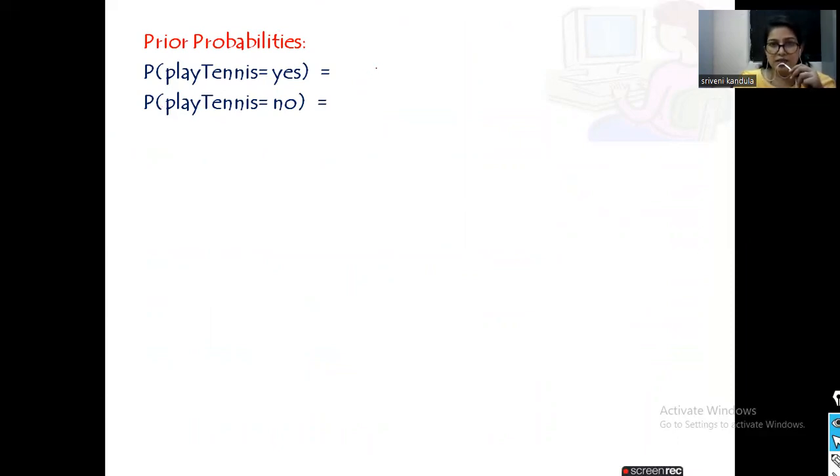Total instances are 14. Out of this, how many yes do I have? I have 9 positive instances. So this is my prior probability of playTennis equals yes. Similarly, with playTennis equals no, how many negative instances are there? 5 negative instances are there with a total of 14. So this is how we will be calculating the prior probabilities.